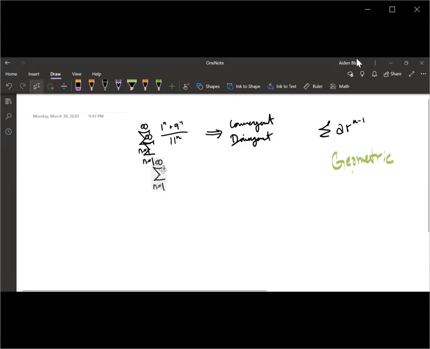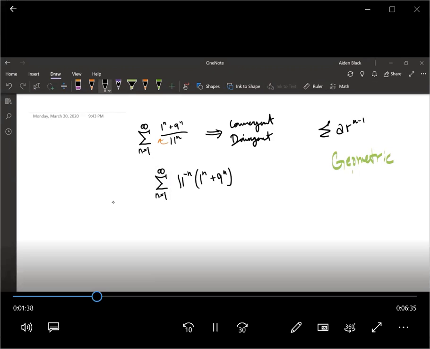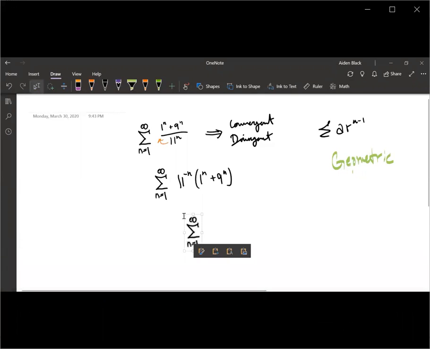let's first manipulate the form of our series. So let's pull that 11 to the n out from the denominator and raise it to the negative n, as this is an equivalent statement. Now what should we do here?